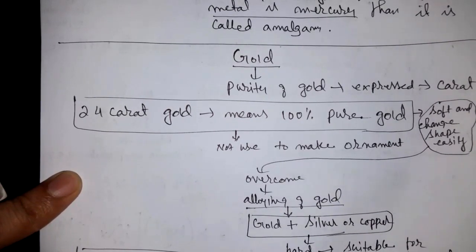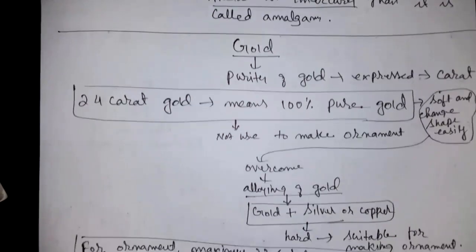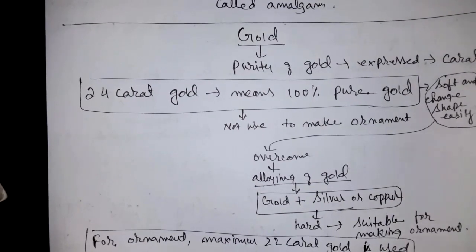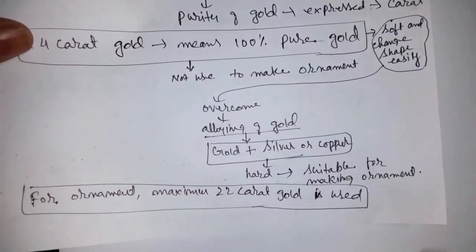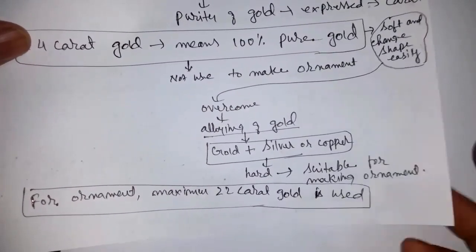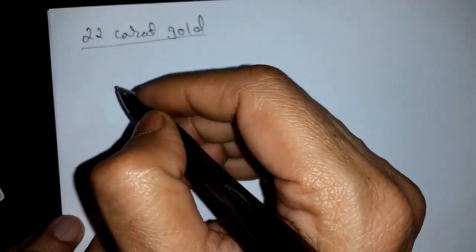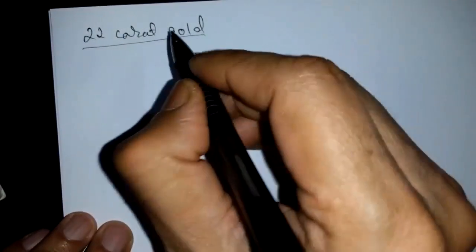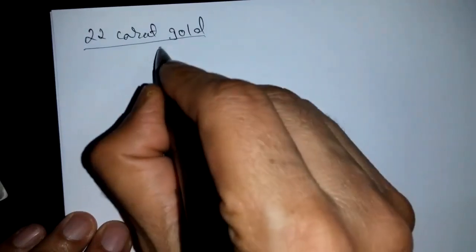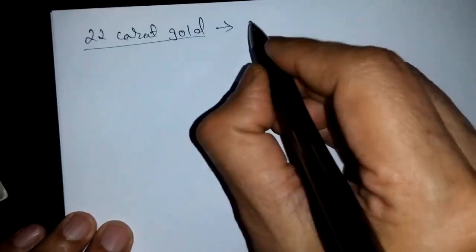Less than 22 also can be used. If you want to understand what 22 karat gold represents, next page we'll be looking at what is the meaning of 22 karat gold. So 22 karat gold, what does it represent? Okay, 22 karat gold. So it represents like this.